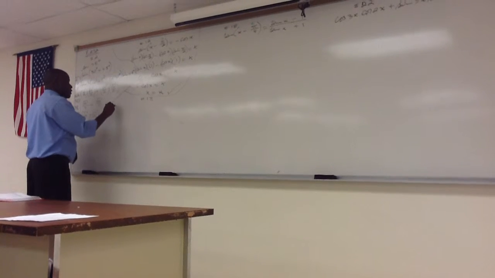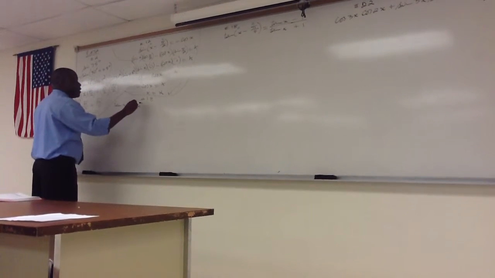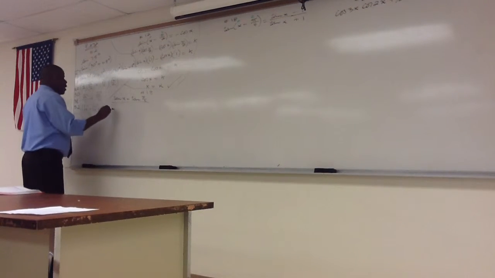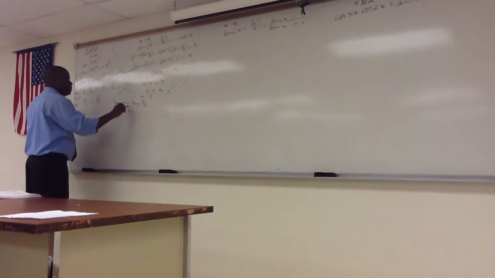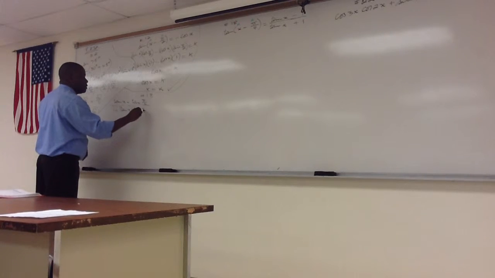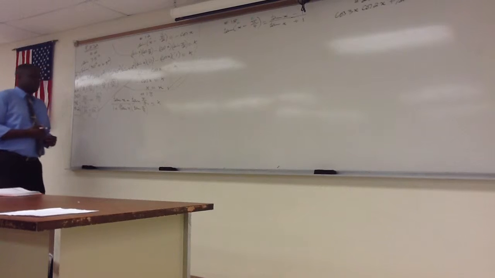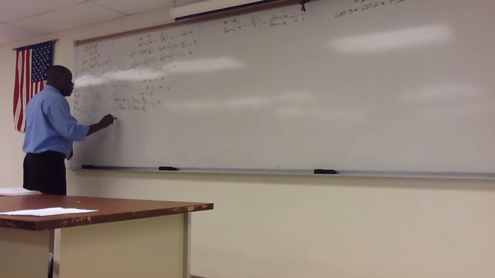It is tangent of x minus tangent of pi over 4, over 1 plus the tangent of x times the tangent of pi over 4, equals k. Tangent of pi over 4 is what? 1. That's tangent of 45 degrees, which is 1.